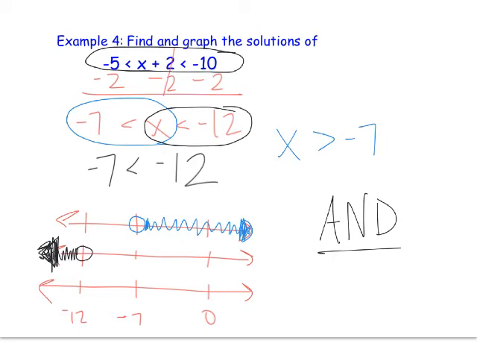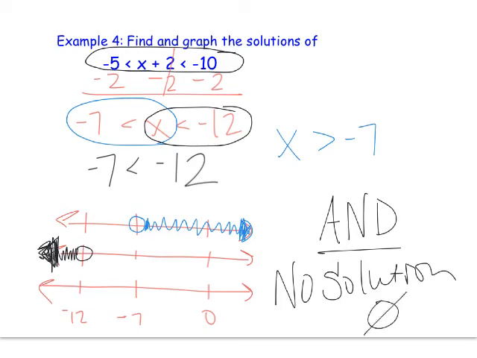We're looking for the intersection of the two graphs. Well, if I take the blue graph and I put it on top of the black graph, they're actually never going to intersect. So we would say that there is no solution, or the solution is actually the empty set.